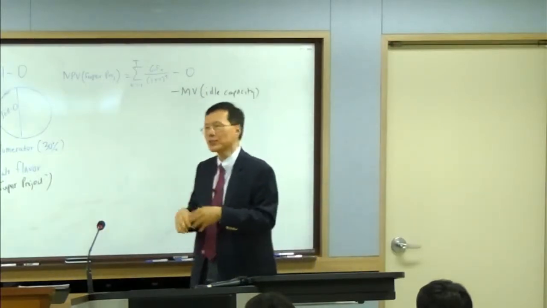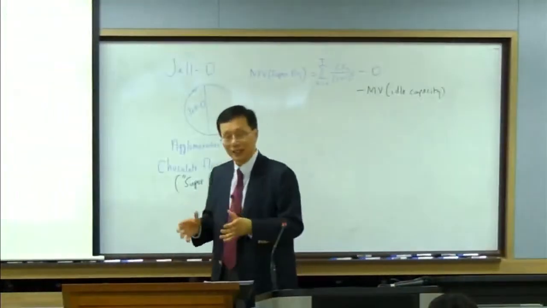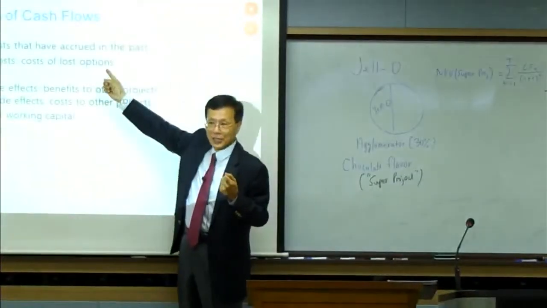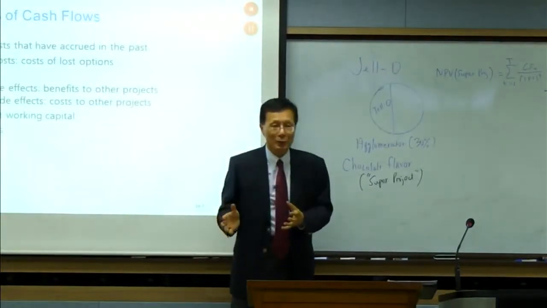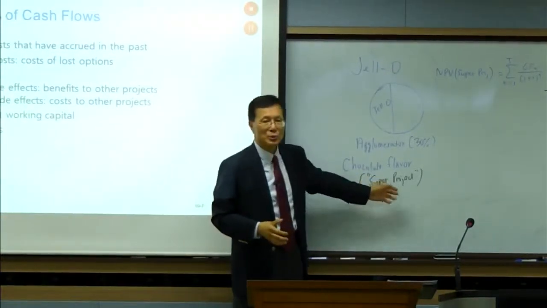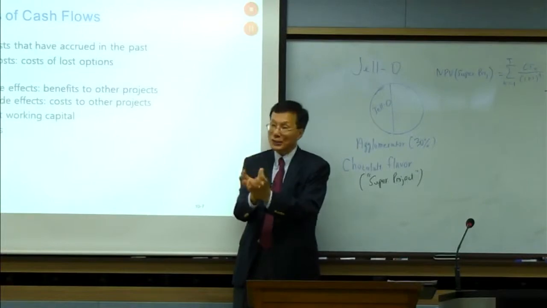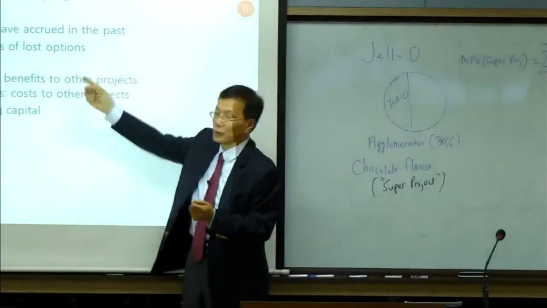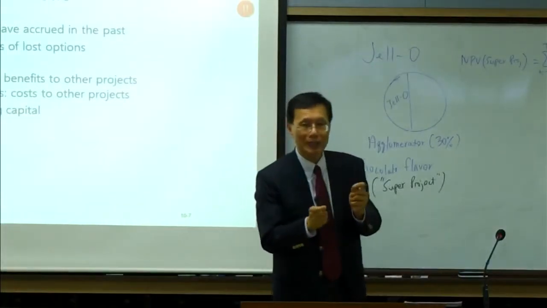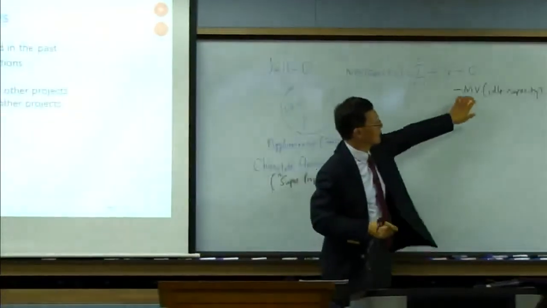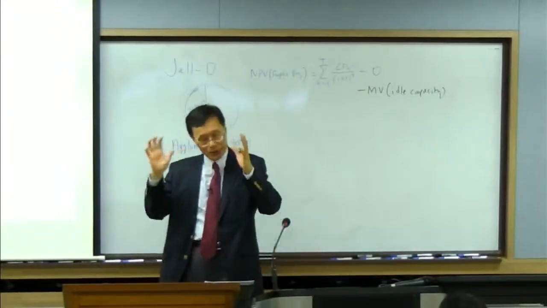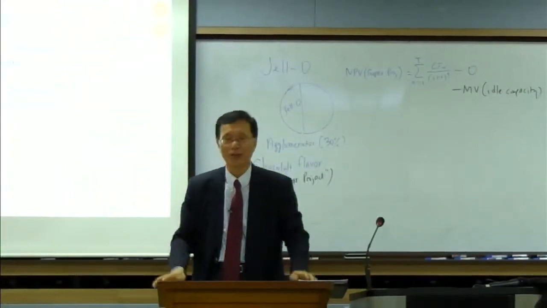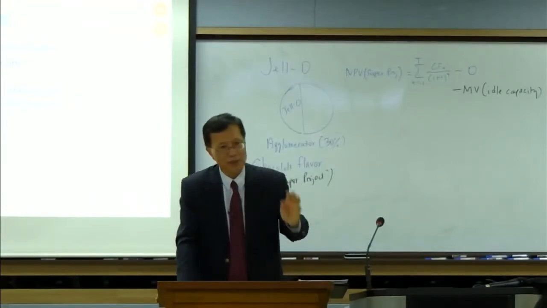It can be used for the company's other options, but by introducing this new project, that flexibility is gone. That option is gone. So the cost of the lost option should be included in this formula. Do not forget the opportunity cost. That's the guideline.